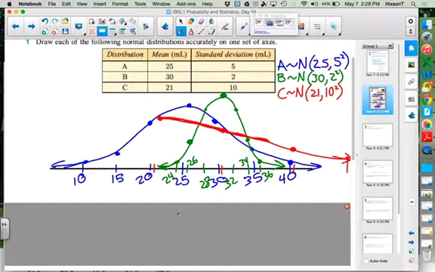Okay, and then on the other side we're at 21, so it's going to be down at 11. And then 1, and then -9, okay? So there's our peak. There's our bell curve for that one, okay?